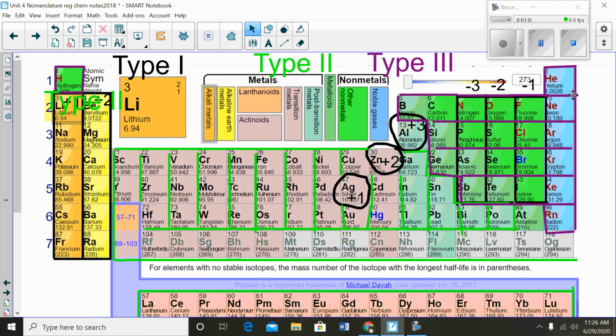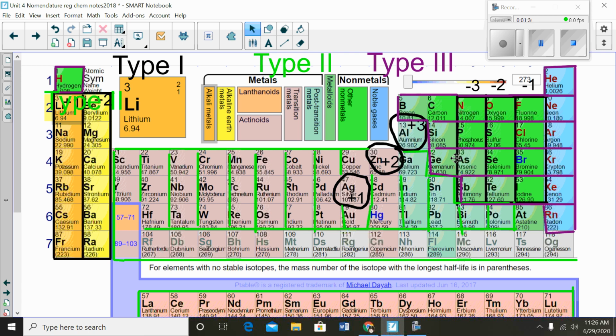Now, it might also be useful to label your periodic tables with the type 3 nonmetals. So my type 3s are here in purple. You can see now I have put hydrogen into this group because it is a nonmetal. And then I basically highlighted these rows over here, so be careful not to highlight the entire row.